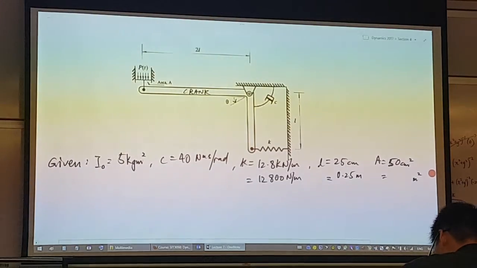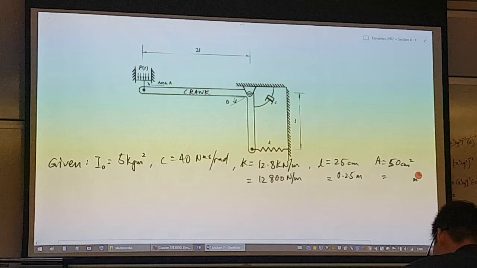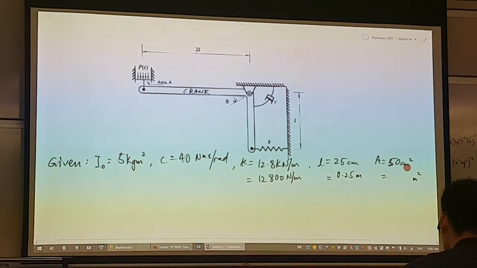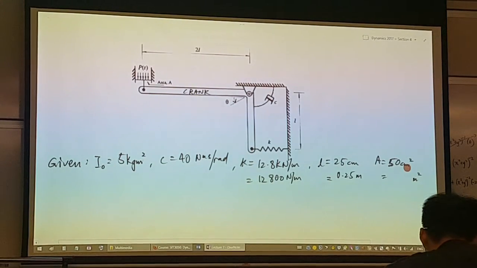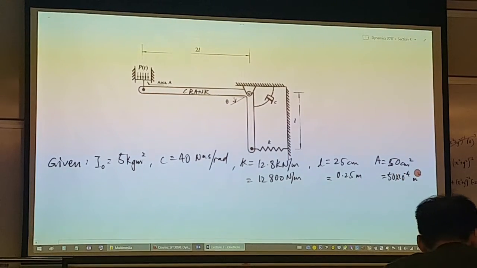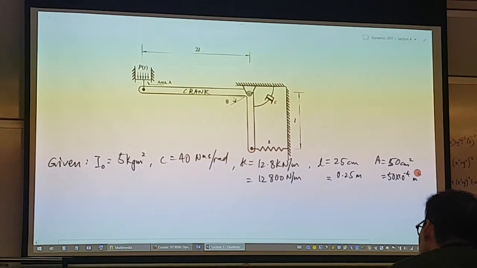So I can't teach you how to change centimeter square to meter square. If you can't do that, then you're on your own. So everybody knows how we convert centimeter squared to meter squared.